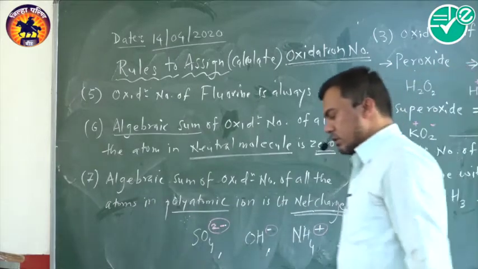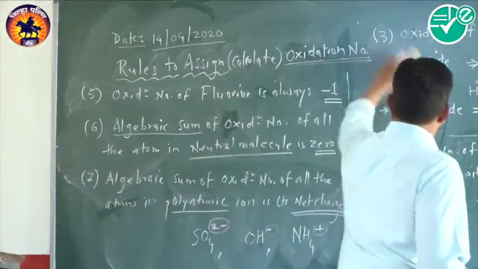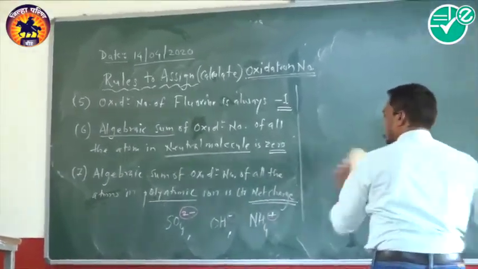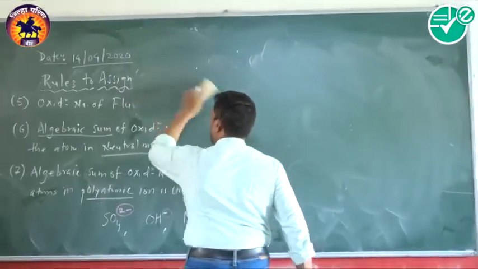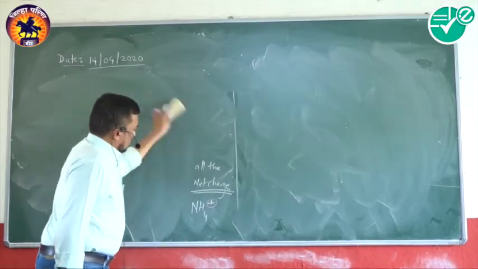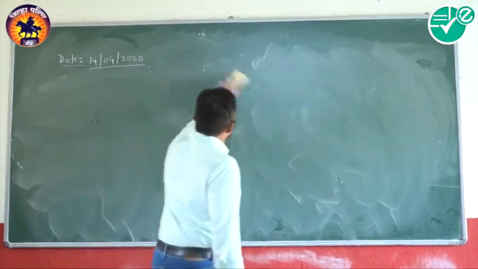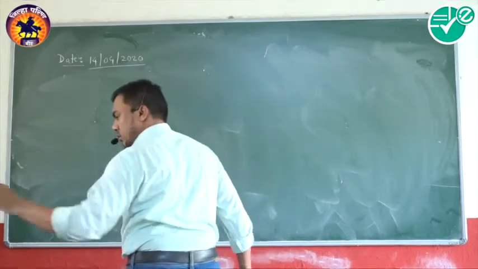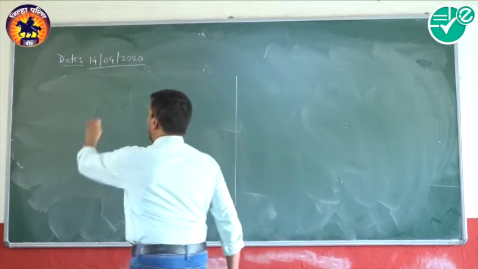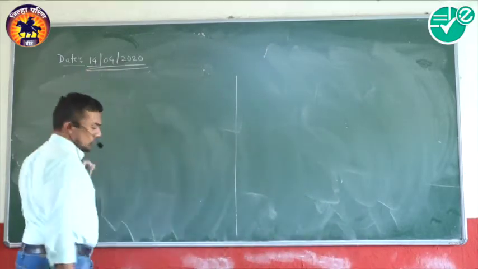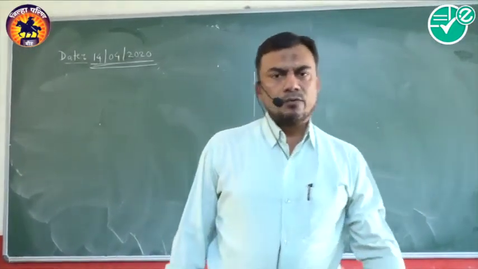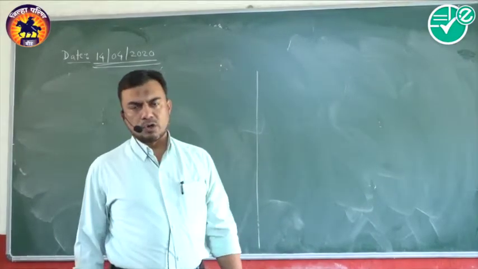So these are very important rules to assign the oxidation number or oxidation state. Why do we have to assign oxidation number or oxidation state? Because we know the process and the species involved in a redox reaction, to identify them in the chemical process. On the basis of oxidation number, we can identify the oxidation process and reduction process.